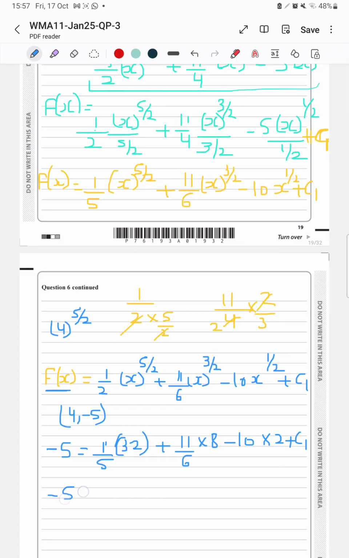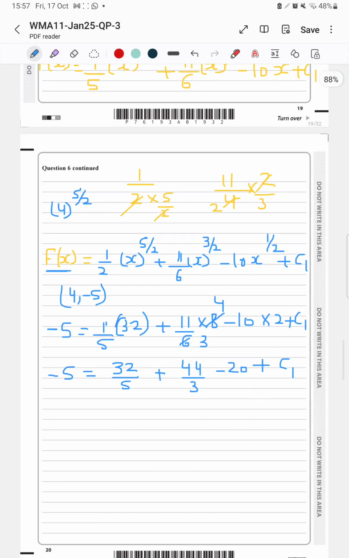So I got minus 5 is equal to 32 divided by 5, plus, if I cancel these two, 44 over 3, minus 20, plus c1. Now if I go further, c1 is equal to minus 5 plus 20 minus 32 divided by 5 plus 44 divided by 3. Minus 5 plus 20 is 15.